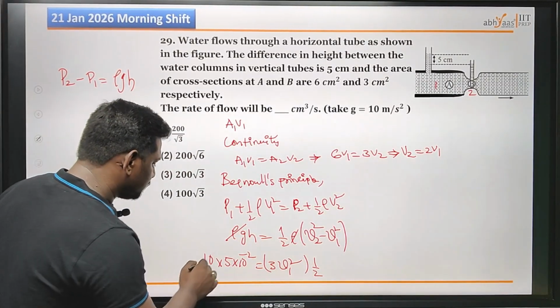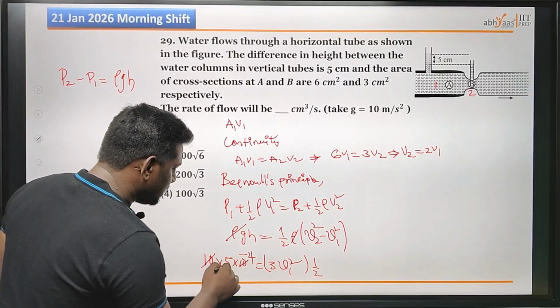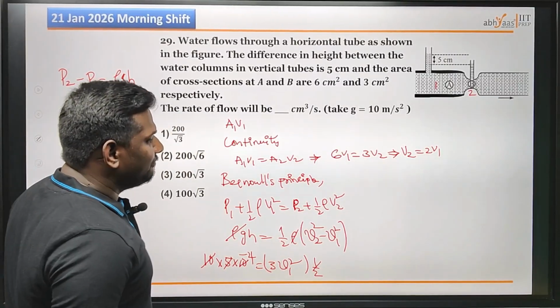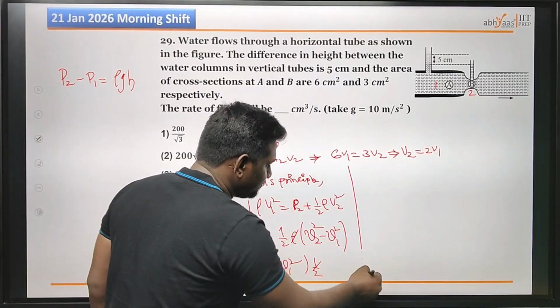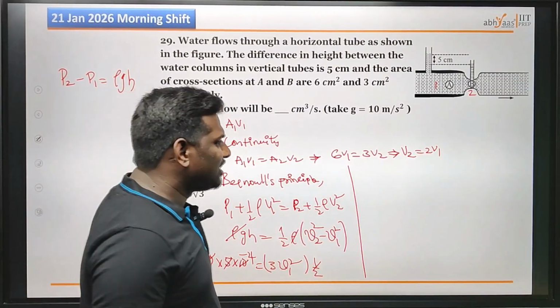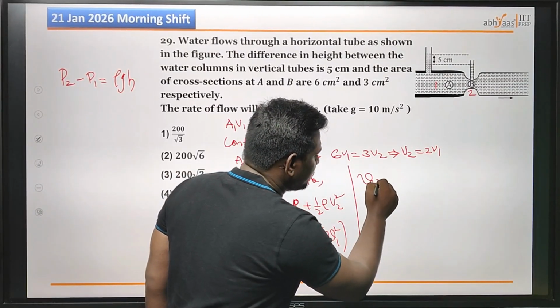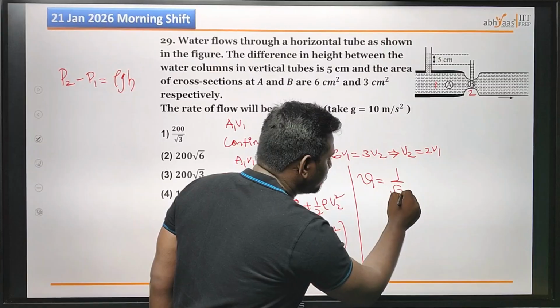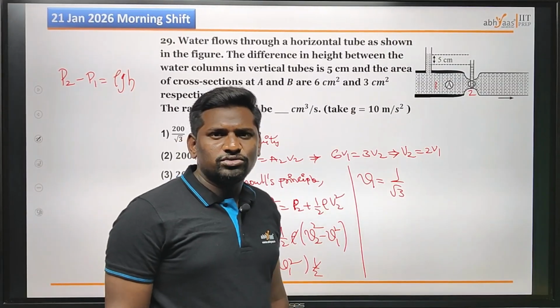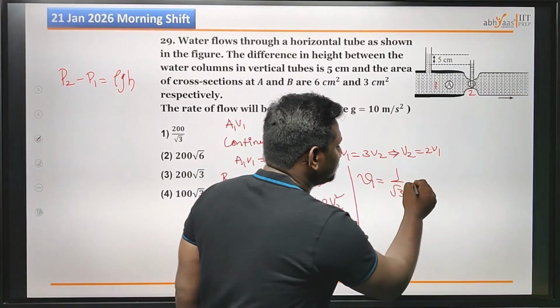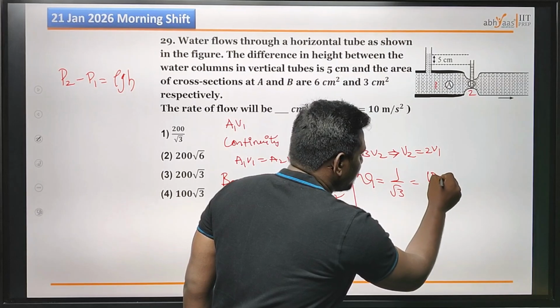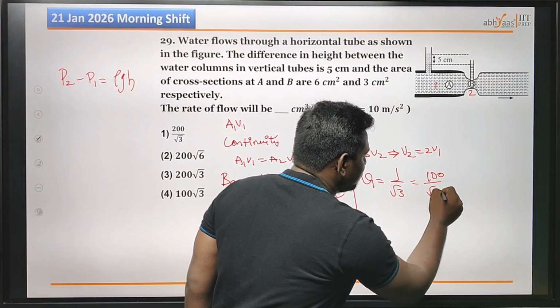If you cancel this out, we are getting V1 equal to 1 by under root 3 meter per second.